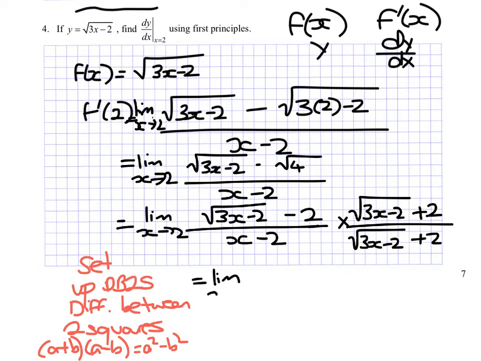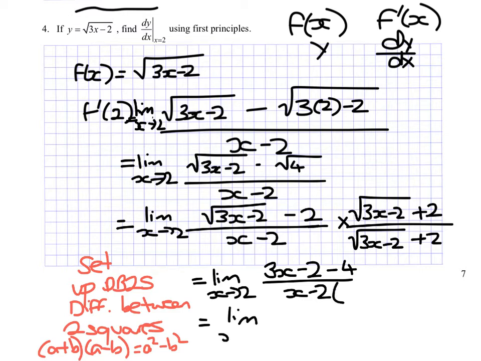So that's the limit as x approaches 2 of, well, we've got a, that's the square root of 3x take 2, so it's going to be that squared. Square a square root and you just get left with the same, take, and then it's going to be take 2 squared, so that's going to be take 4, all over x take 2. Now it's looking a bit more human.